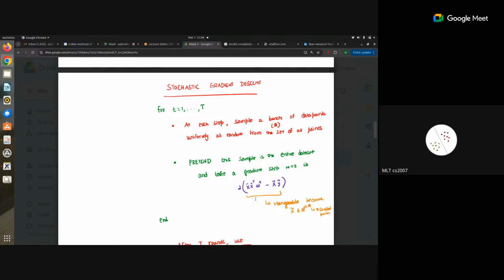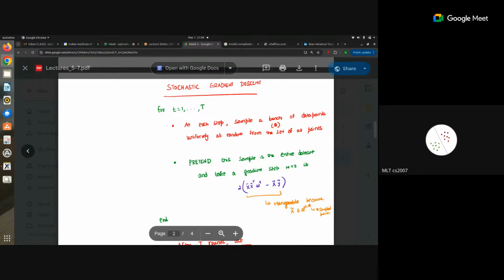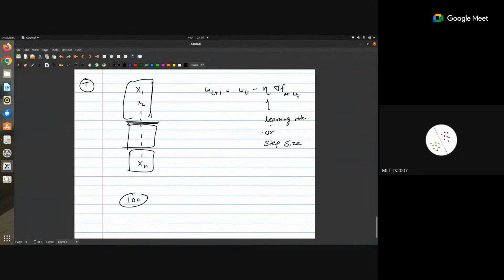We are not actually using all n data points. Let's say n equals 100 here, so you have 100 samples. You just pick 5 samples, maybe x1, x2, x3, x4, and x5. At t equals 1, you calculate w_t for that. Then you again choose another 5.